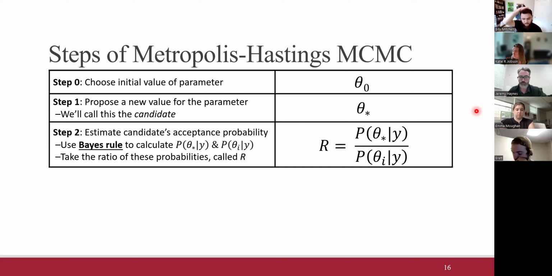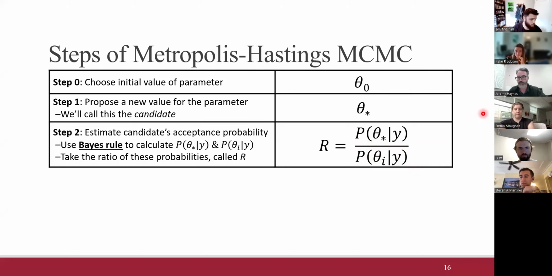And then we're going to use Bayes' rule to calculate the probability of that candidate value for the parameter versus the probability of the previous value in the sample. The reason we're going to calculate these probabilities is that we're going to use that to determine whether or not to accept or reject that candidate.